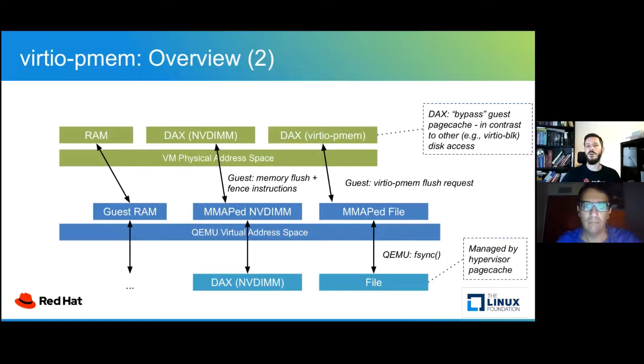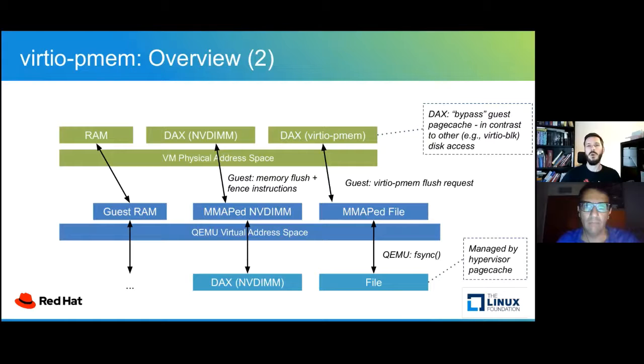NVDIMMs work by using only memory flush instructions, so to, for example, flush cache lines and memory fence instructions. And once these instructions were executed, the guest can be sure that everything is persistent. But if we map a file into our VM physical address space, this is no longer the case.